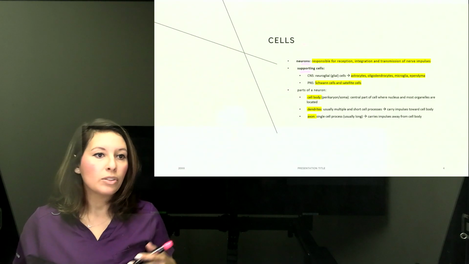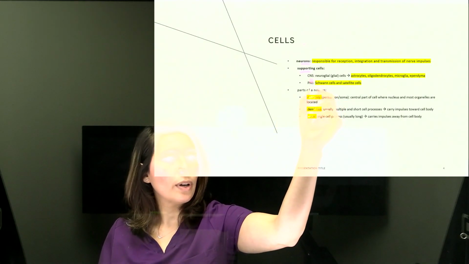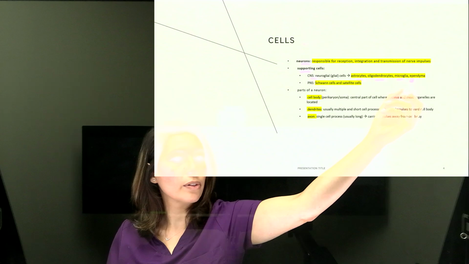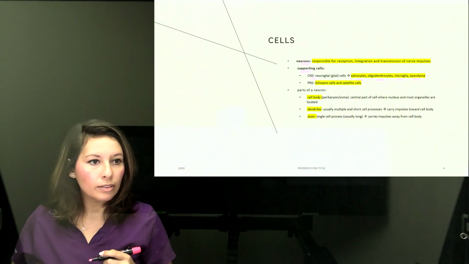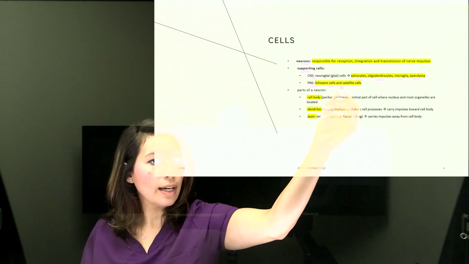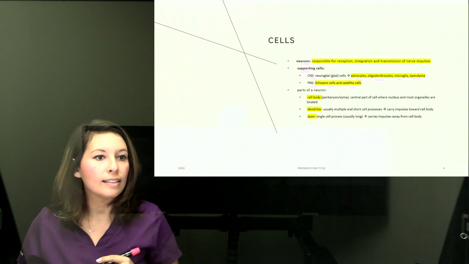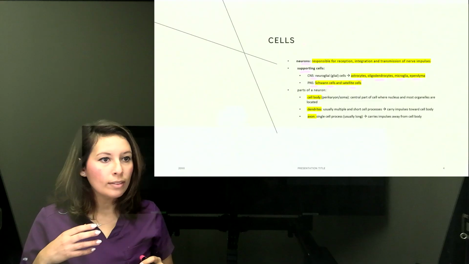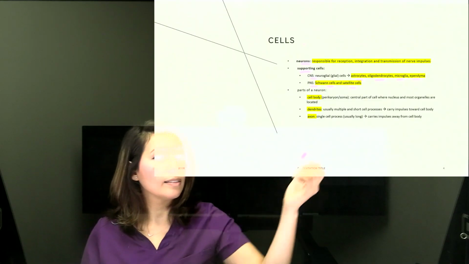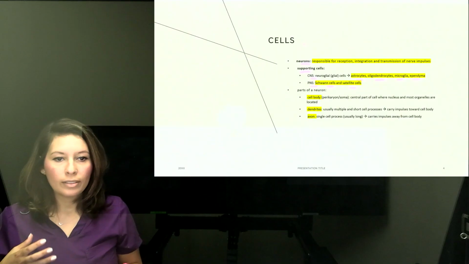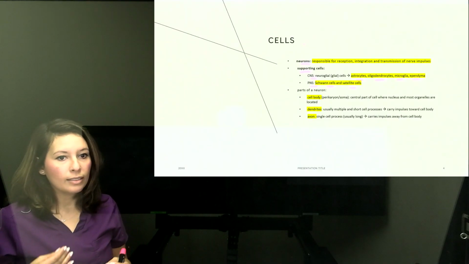Within the central nervous system, we are going to find astrocytes, oligodendrocytes, microglia, and ependymal cells. Meanwhile, in the peripheral nervous system, we're going to find Schwann cells and satellite cells. But just a quick FYI, both Schwann cells and oligodendrocytes are technically analogous cells, so they're doing basically the same thing.